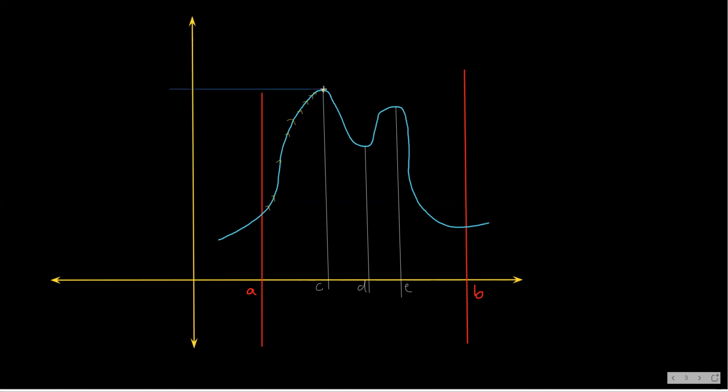Here, this is f of C. Definitely, it is needless to say that the function I took as y equal to f of x. So when x is C, the y value is f of C. So this number is f of C. And I will call this number, as of now, a local maximum. Okay, it is a local maximum, right?